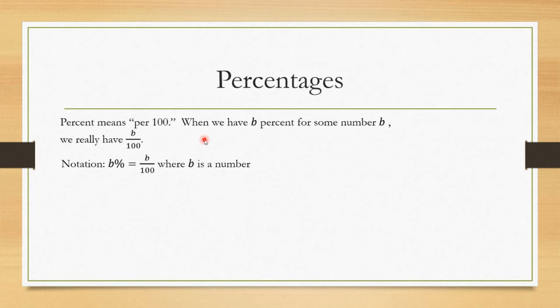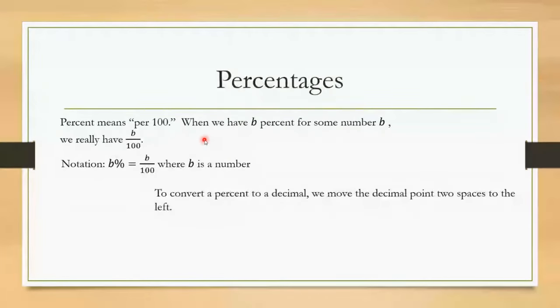And another implication for that, let me make it more explicit, is this. If you want to convert a percent to a decimal, so like if you want to go from B percent to a decimal, you could divide by 100, or in terms of the decimal, you could just move the decimal point 2 spaces to the left.